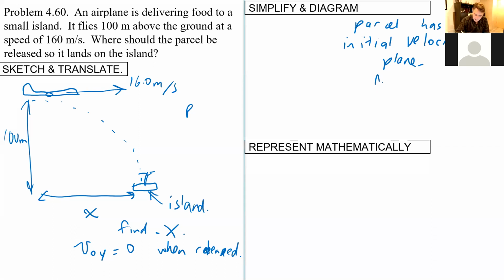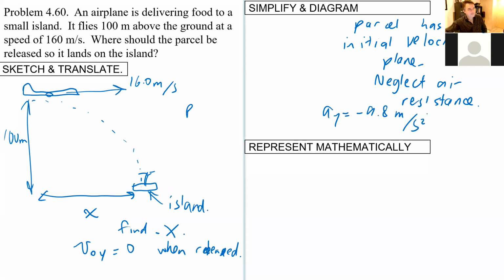So I'm also going to neglect air resistance, which is sort of an iffy thing to do here. And a sub y is negative 9.8. Should probably plug in my headphones pretty soon here. So v sub x is going to be x divided by t.